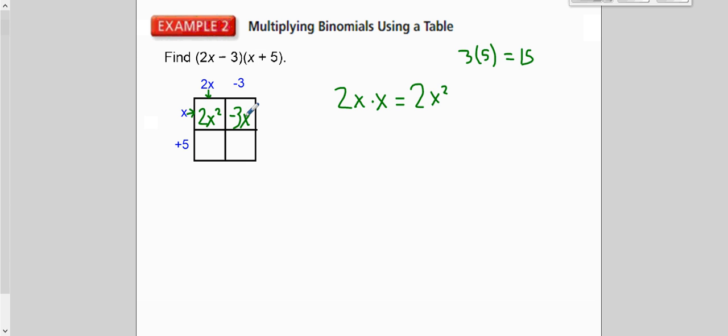So negative 3 times x is negative 3x. In this box, we're going to multiply 2x times 5. 2 times 5 is 10, and then put the x there. In the last box, negative 3 times 5, negative 15.